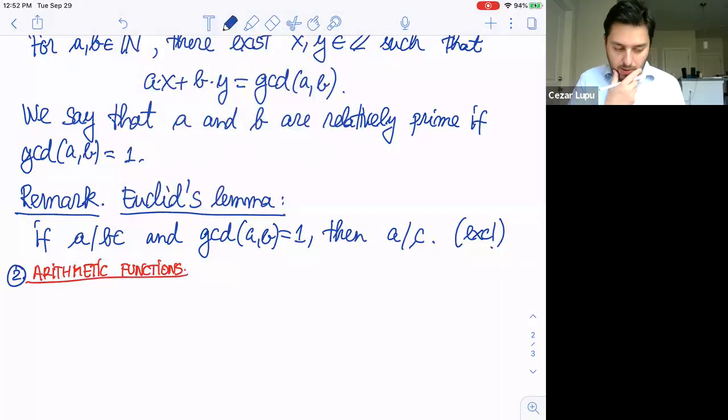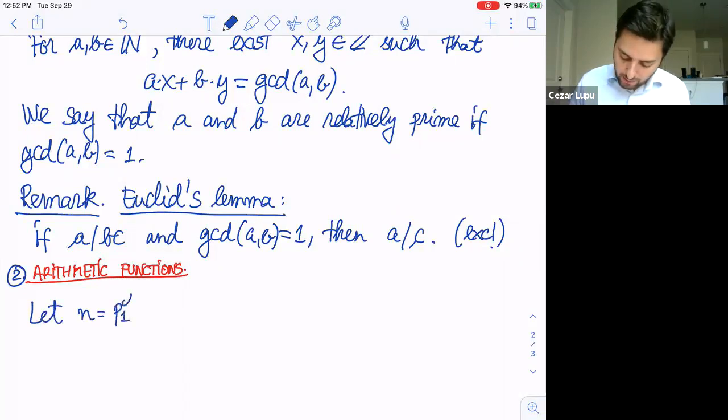All right, the arithmetic functions. I'll consider a number n, and let me write it as the product p1 to alpha 1 times p2 to alpha 2 times pk to alpha k.